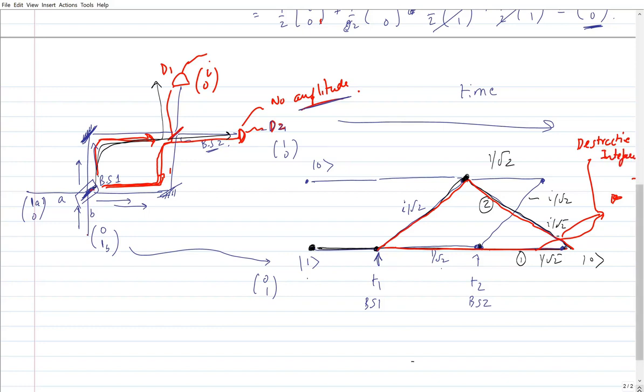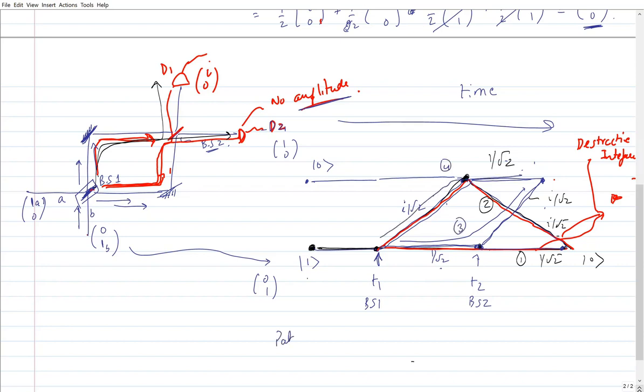However, from 0 to 1, the two paths I have, this path and this particular path, both of these amplitudes are going to be 1 over root 2 multiplied by 1 over root 2, and 1 over root 2 multiplied by iota over root 2. This is my path number 3, this is my path number 4.